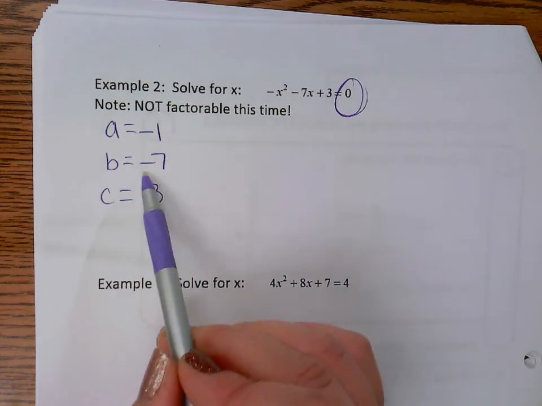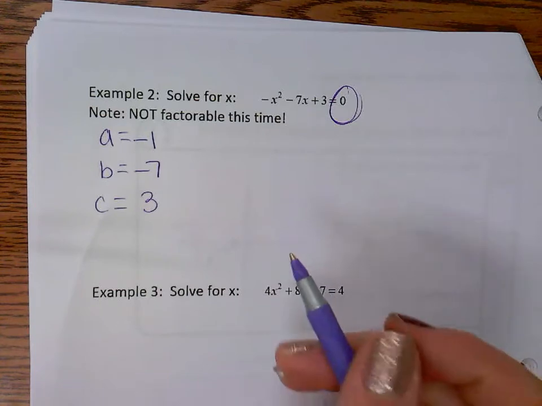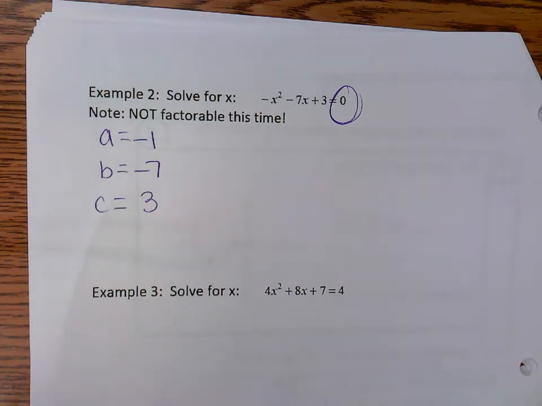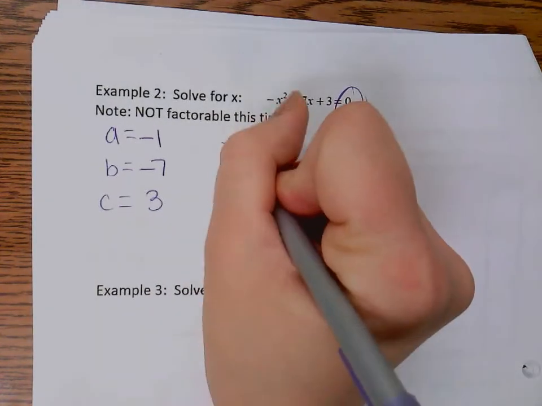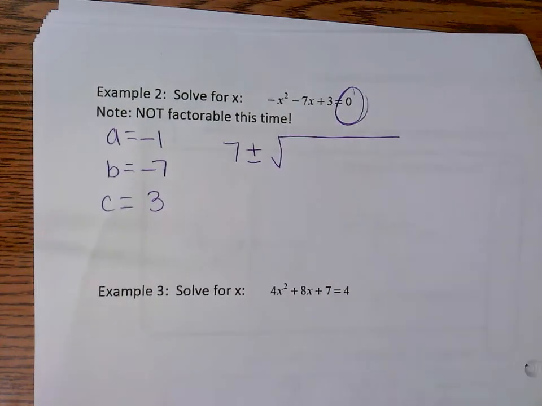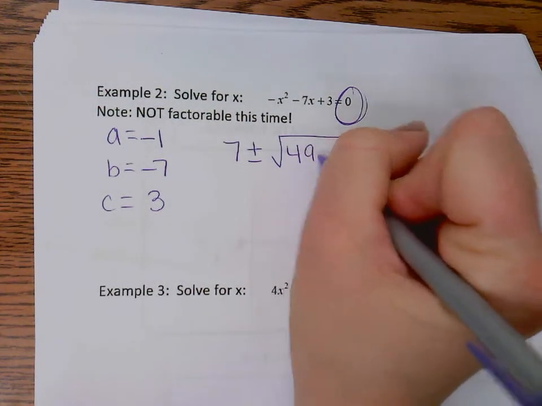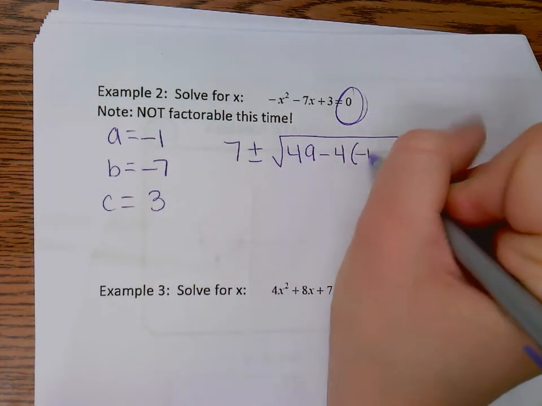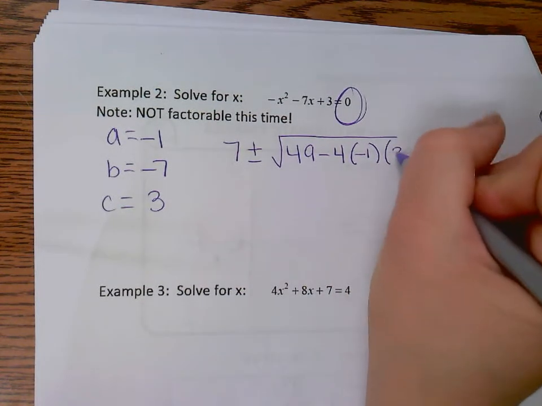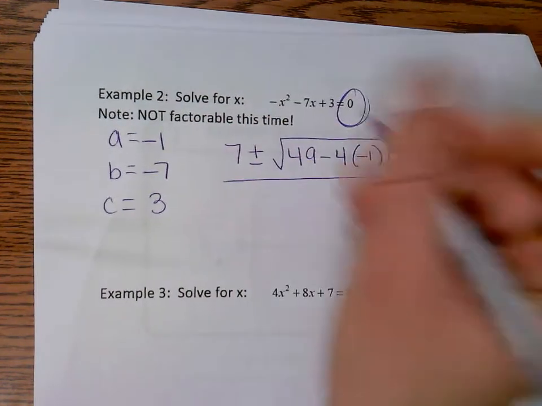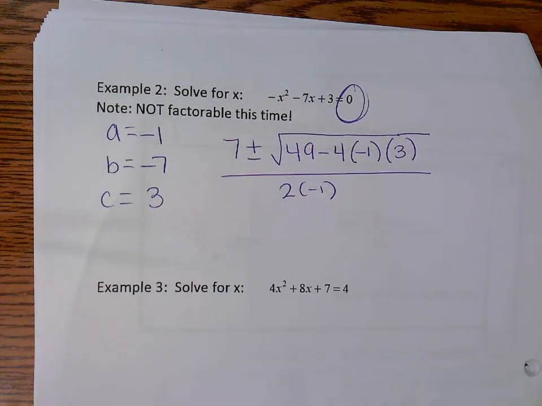So the opposite of B, if it helps to write, I have the formula written on the left of the board over there in case you don't want to keep flipping back and forth. So the opposite of B would be positive 7 plus or minus the square root of B squared minus 4AC all over 2A, right? Don't you hear the pop goes the weasel? B squared is 49 minus 4 times A, which is negative 1 this time, and C is positive 3, all over 2A, and 2A is 2 times negative 1.